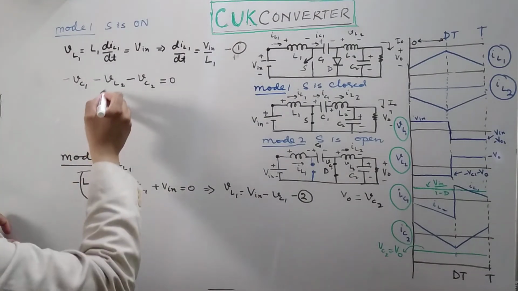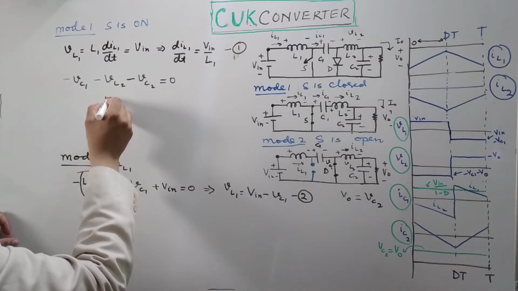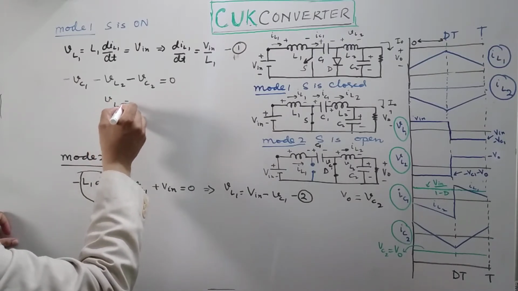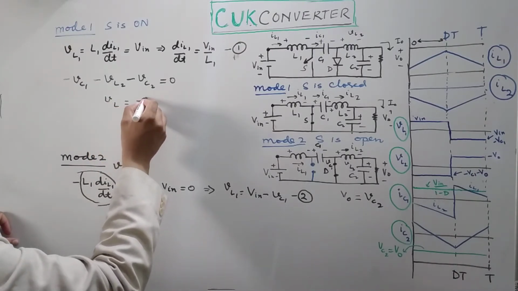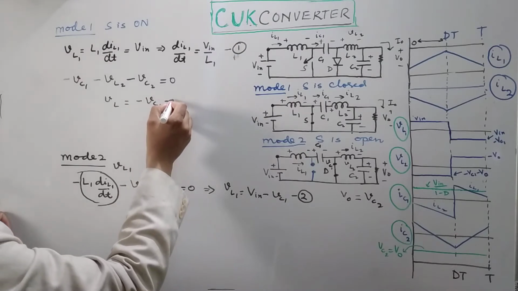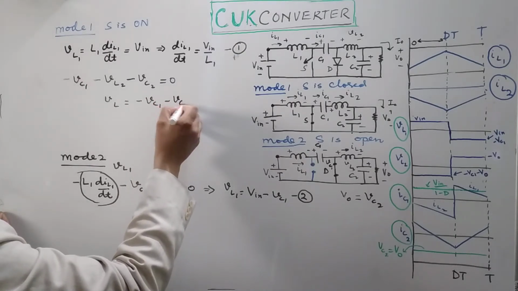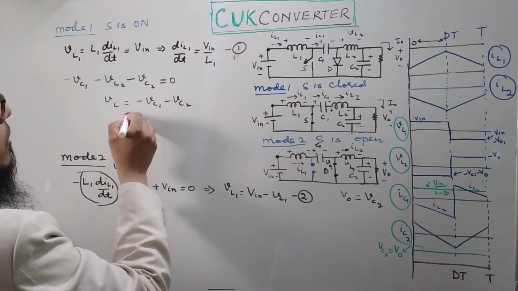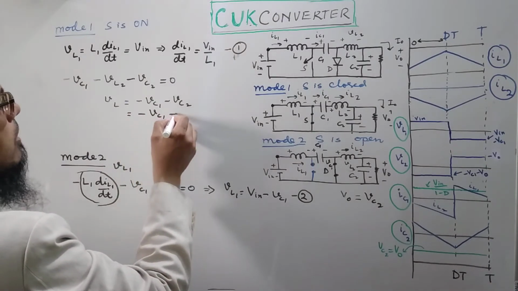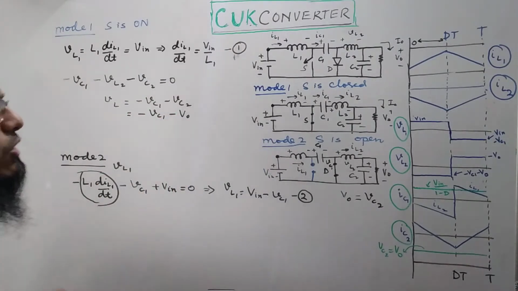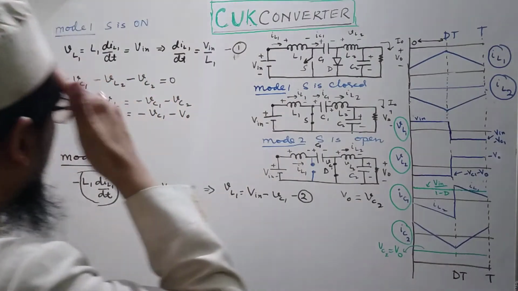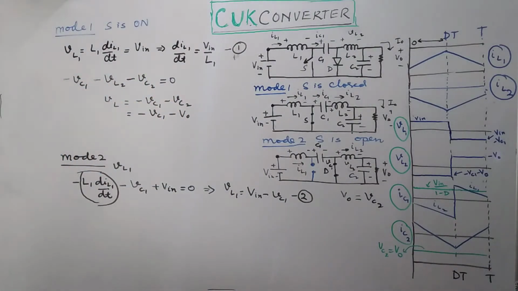So from here I can write VL2 is equal to minus VC1 minus VC2, and this is also equal to minus VC1 minus V0, because VC2 and V0 are equal.